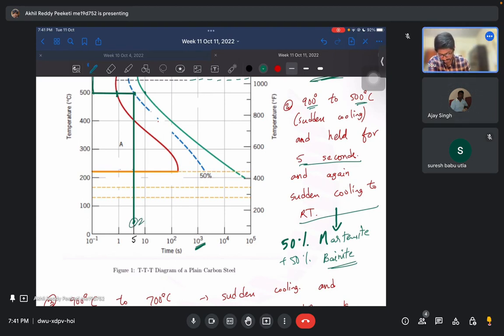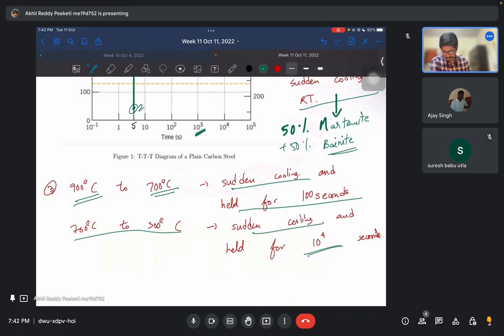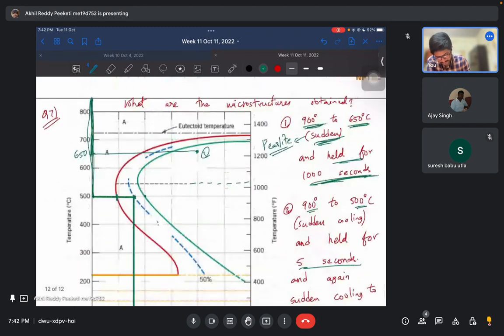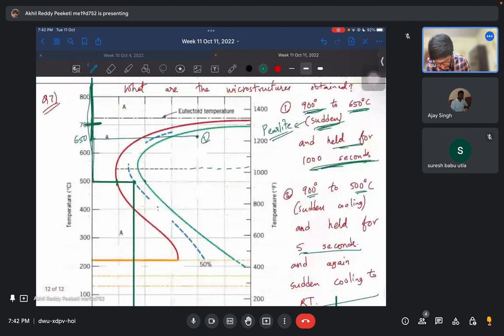Now case 3. 900 to 700 sudden cooling held for 100 seconds, and then from 700 to 300 sudden cooling again and held for 10 power 4 seconds. So let's see where this is. 900 to 700 first, this line till here, and then 100 seconds, so 100 is this line.